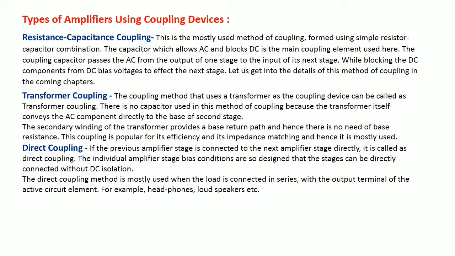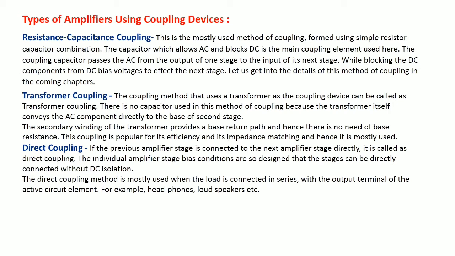The cost of the circuit is very low because the components are so cheap and the circuit is compact in nature. The second type of coupling we will say is transformer coupling, in which a transformer is used as a coupling device to connect from one stage to another.